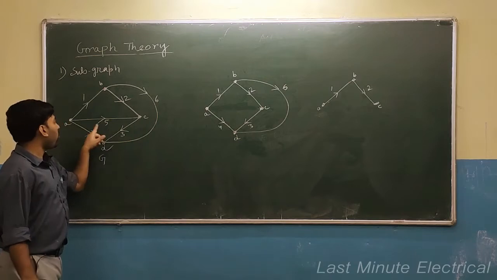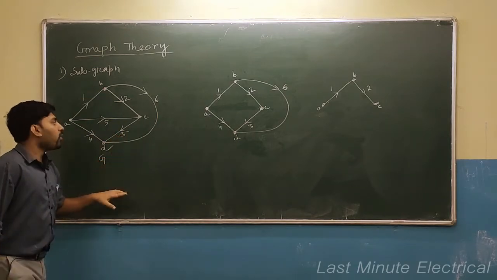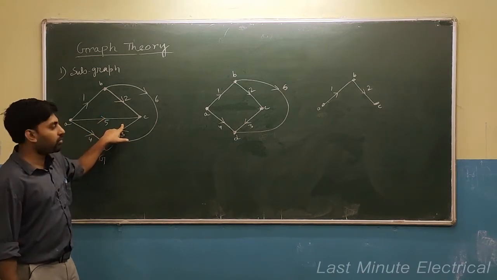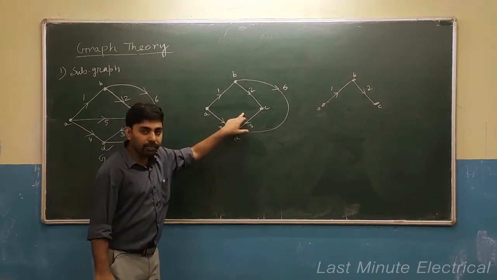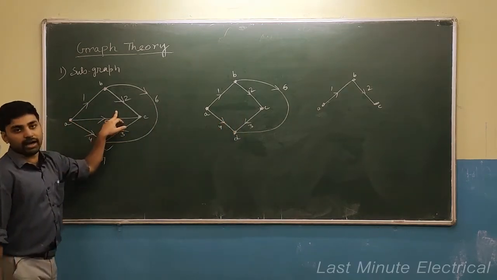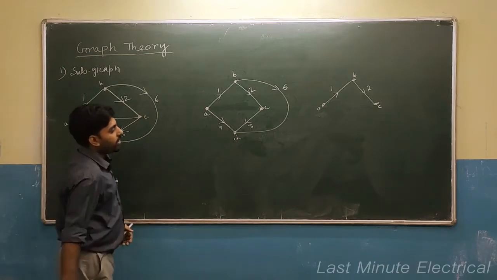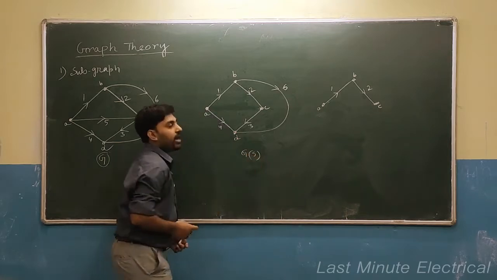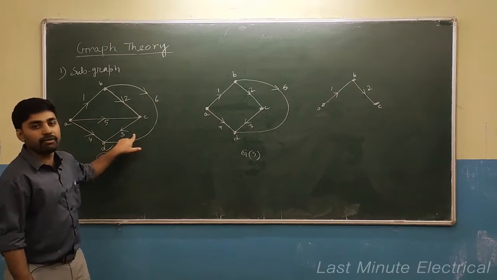This graph also has A, B, C, D nodes. So what is extra in the main graph? The 5 branch is extra. So now I can call this graph the subgraph of the main graph. If I represent the main graph as G and this subgraph as GS, then I call this GS a subgraph of the main graph G.